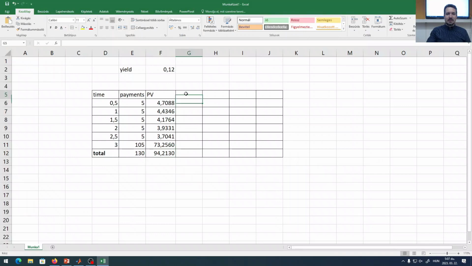So at the beginning, let's fix this, and it's percentage. Yay! So most of the money will flow in, obviously, when the face value is repaid, and it should be 100%.